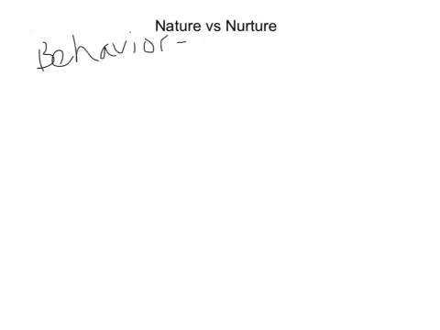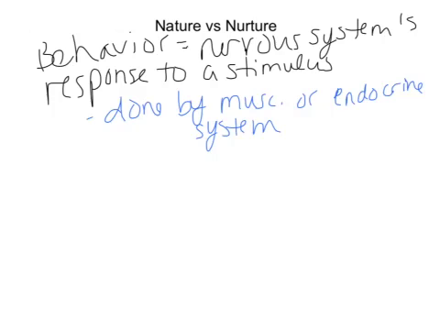It's the nervous system's response to a stimulus. So it is carried out by the muscular system or the endocrine system. So this may be something as simplistic as a reflex, where the muscular system is responding to the stimulus, or it may be something more complex.